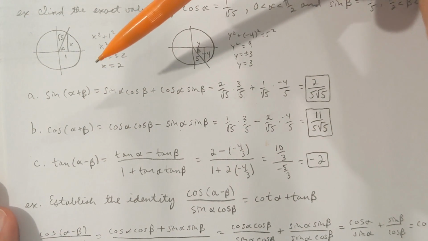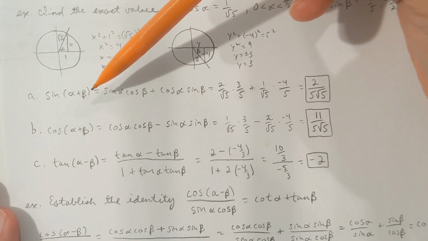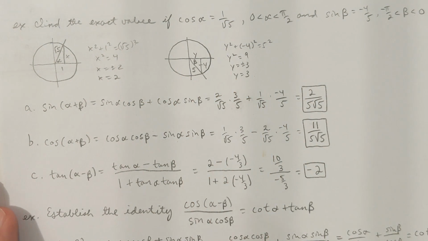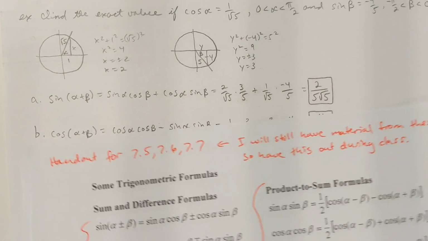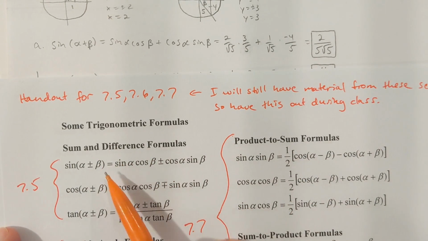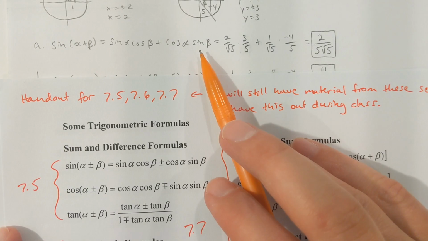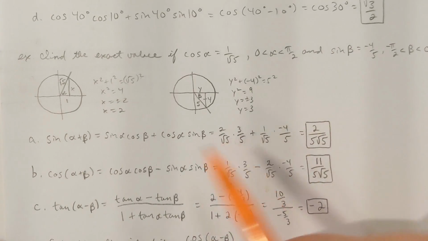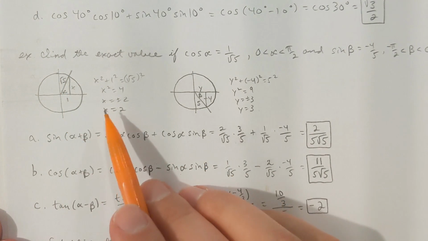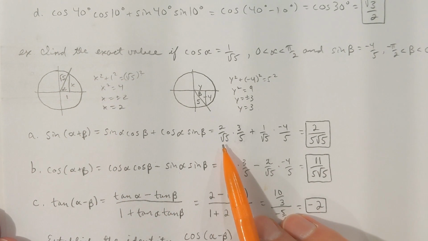So let's find the exact value of sine of alpha plus beta. Well, I've got my individual triangles drawn for these individual angles, and so using the sum and difference formula for sine of alpha plus beta, I've got that written down there, and I can then refer to these triangles. So sine of alpha is opposite over hypotenuse, that's 2 over root 5.